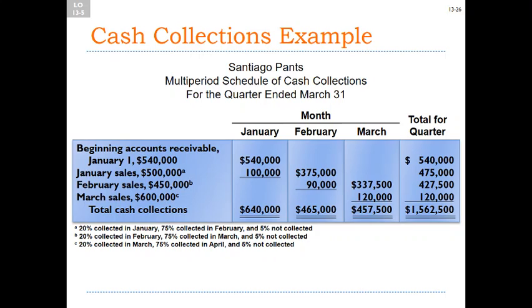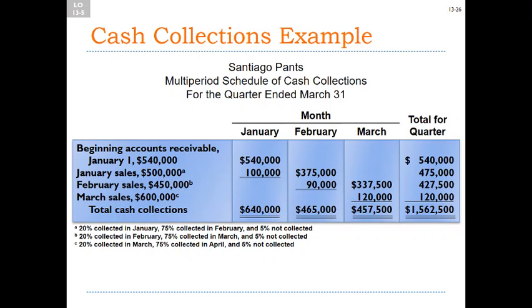And so they take that information along with the beginning accounts receivable for January 1, well, the beginning accounts receivable January 1 that will be collected in January, since that actually happened in December.